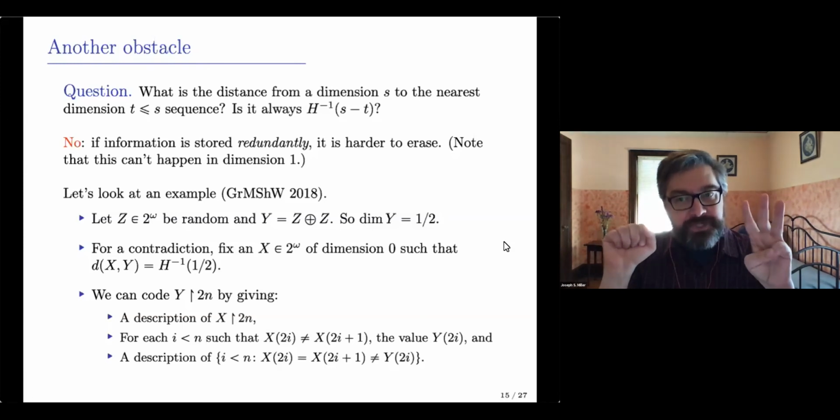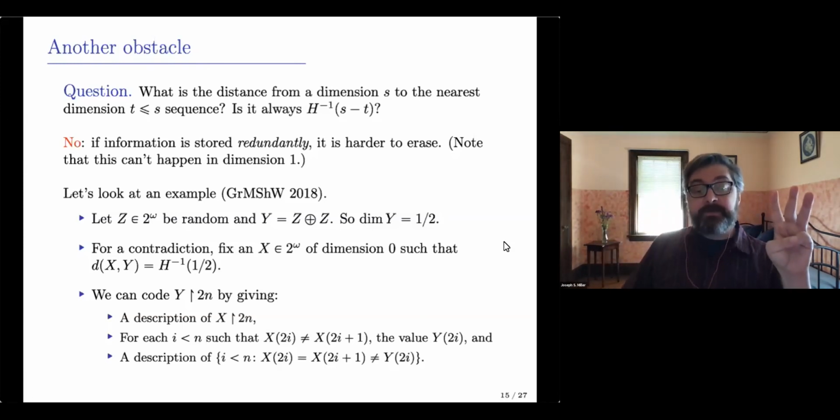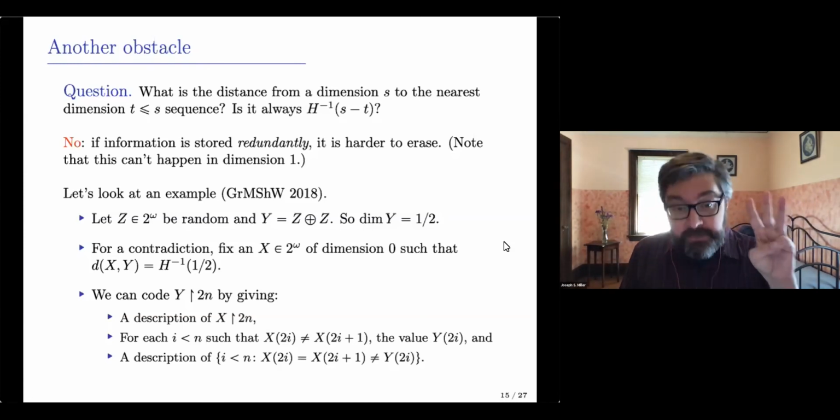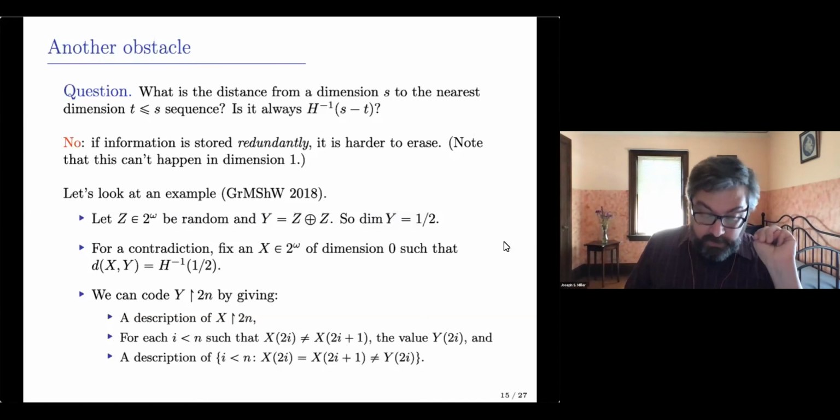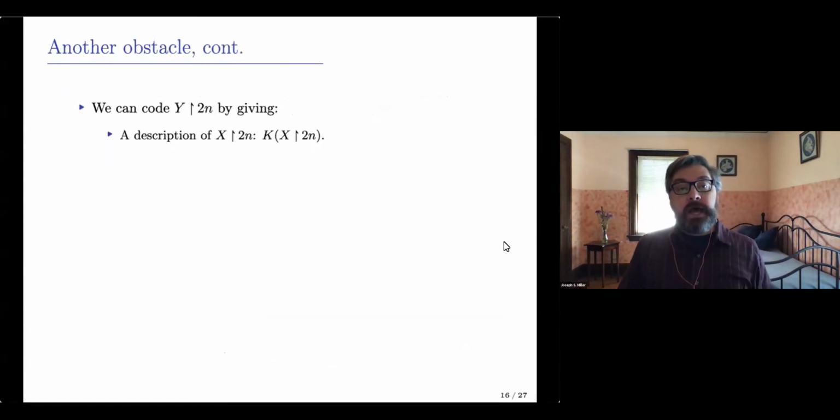Sometimes both bits were changed. So there are going to be some times when x of 2i is equal to x of 2i plus 1, but not equal to the original value y of 2i. So give me a description of that set. Okay. So how hard is it to give a description of x up to 2n? That's just k of x up to 2n.